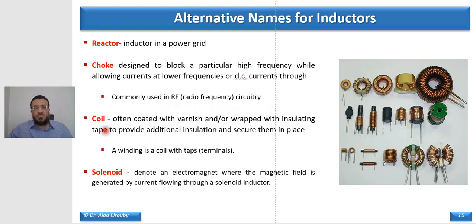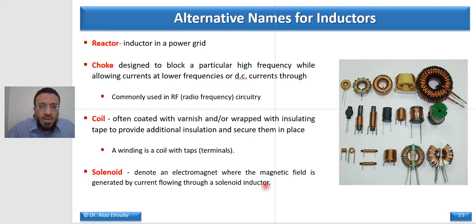We use this name choke, and it is used in RF, radio frequency, circuitry. We have the name coil, and in this case the winding is a coil with multiple taps. We might also have the name solenoid, like this one, and it's used for electromagnets, where we like having the current switching on or off the magnet, for example for relays and stuff like that.